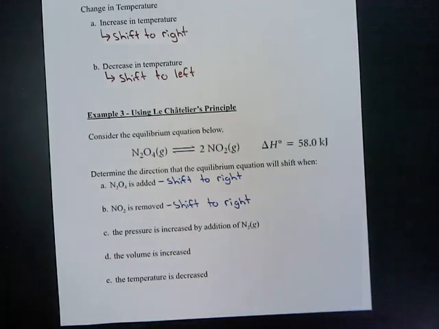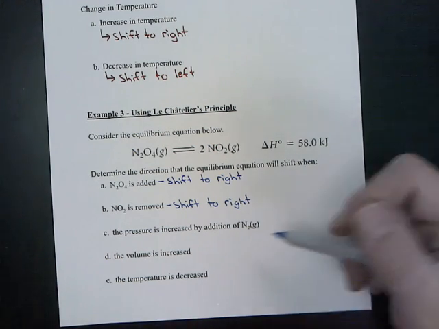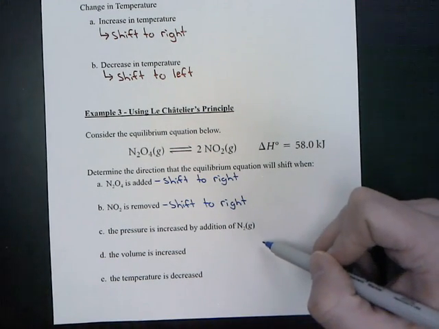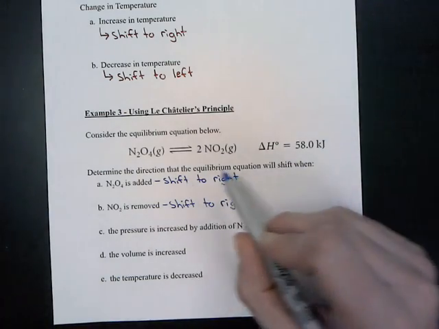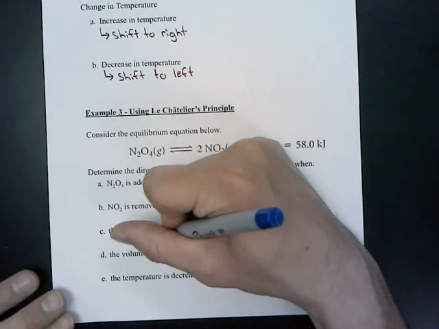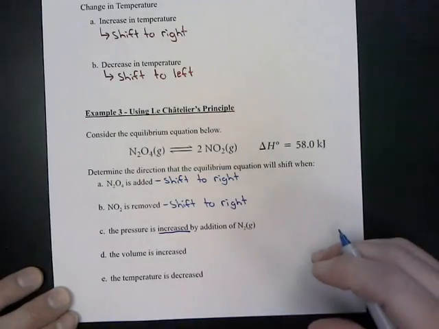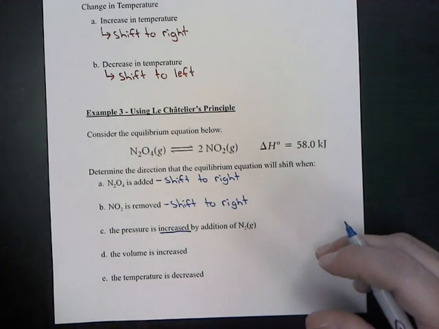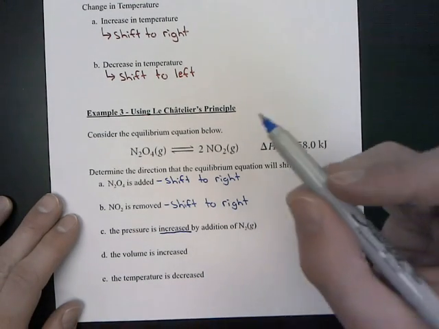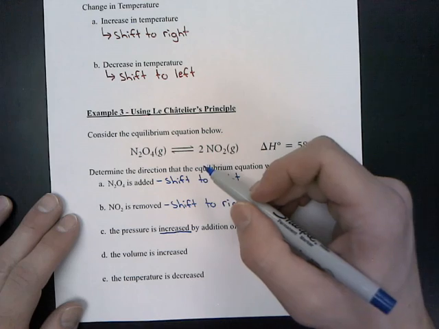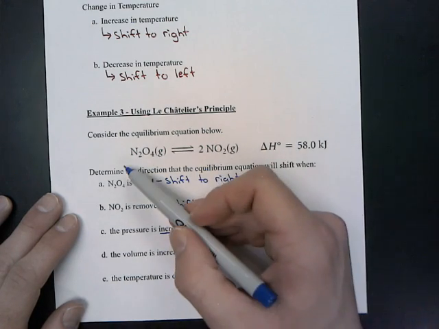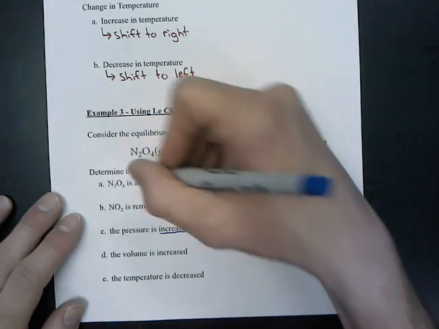Now, over here it says the pressure is increased by the addition of N2 gas. Now, don't consider N2 gas in the equilibrium. Consider an increase of pressure. So to find out the effect of an increase of pressure, we need to consider the total number of moles of gas on each side. So over here on the left, there is a 1 coefficient.